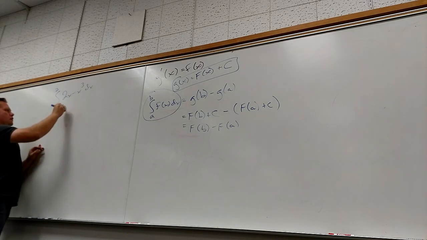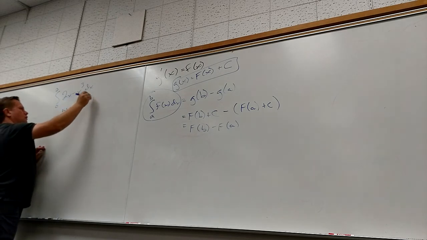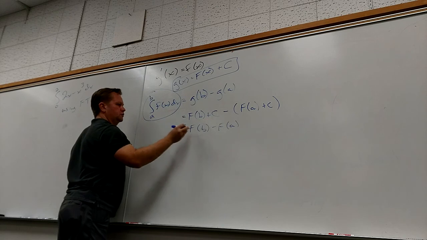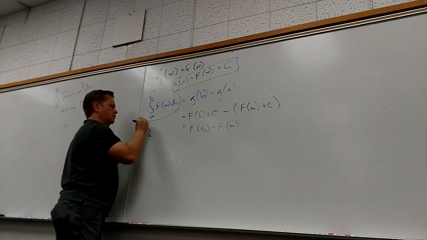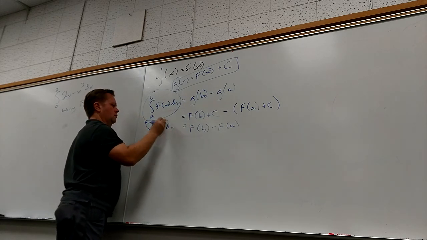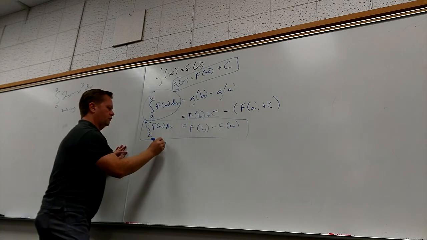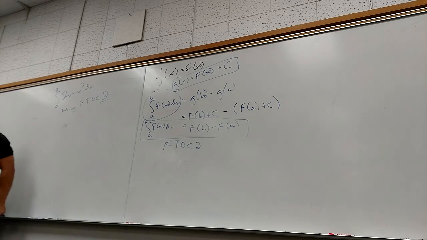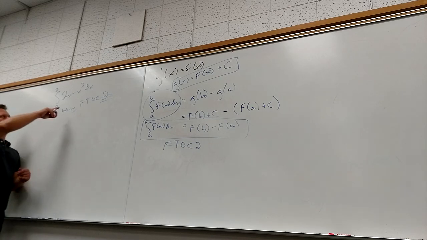So using FTOC 2, which is what this is right here. This is Fundamental Theorem of Calculus 2. There isn't a part 3. They never got the budget for that. They stopped at part 2. There's no prequel or anything.